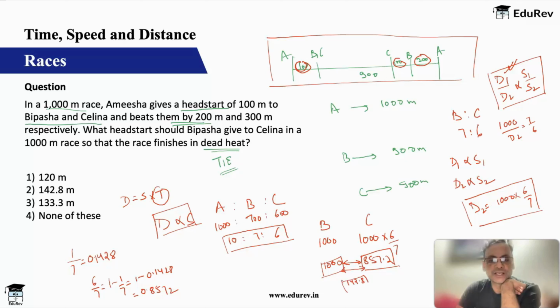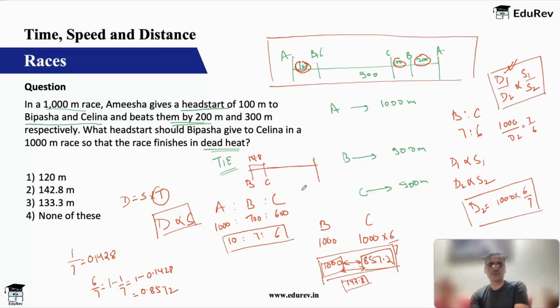So Bipasha starts from here, Selina should start from here, and this gap should be 142.8 meters. Then they will cover the same distance in the same time, because now the distance will be in the ratio of 7:6, which is the ratio of the speeds also. So the head start should be 142.8 meters.